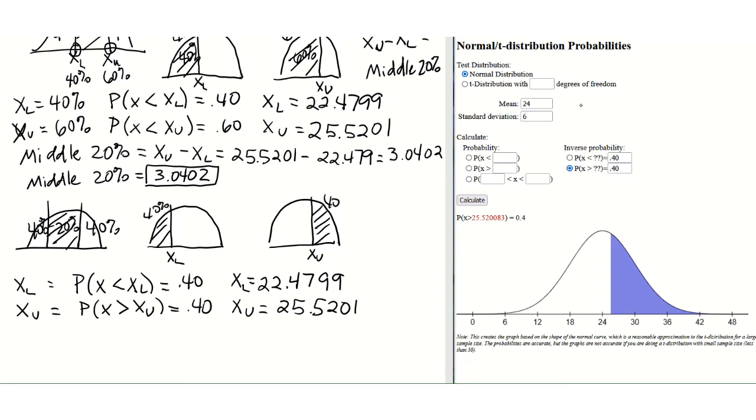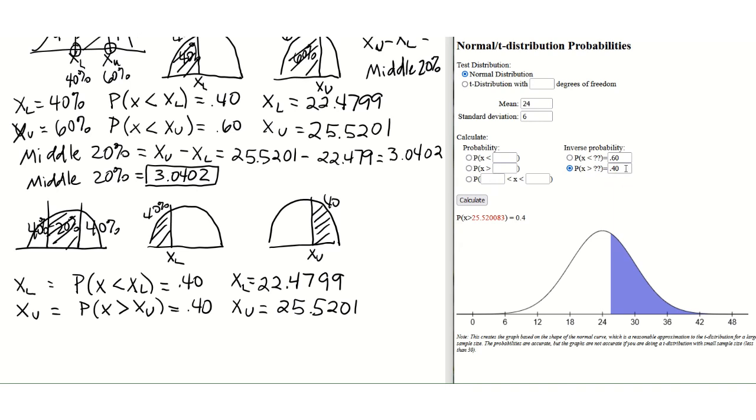And you'll notice it's the same, and this is because just like what we saw with our percentile questions, if I'm getting the lower 60%, I'm going to have that same value as if I'm getting the upper 40%. Because when I add 60 plus 40, that's going to give me 100%.